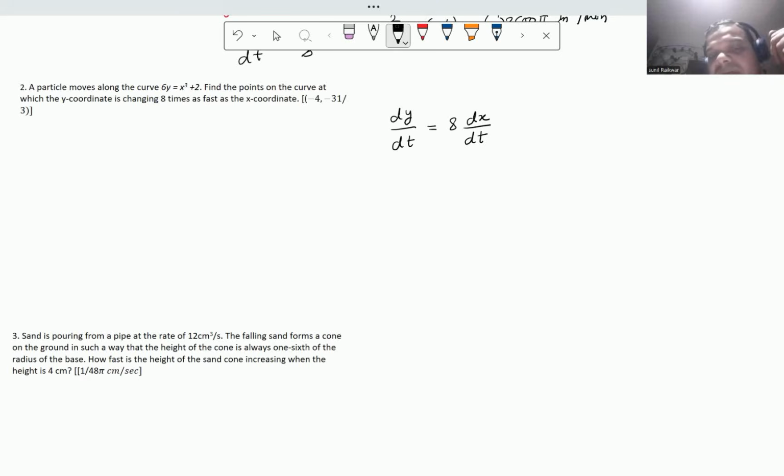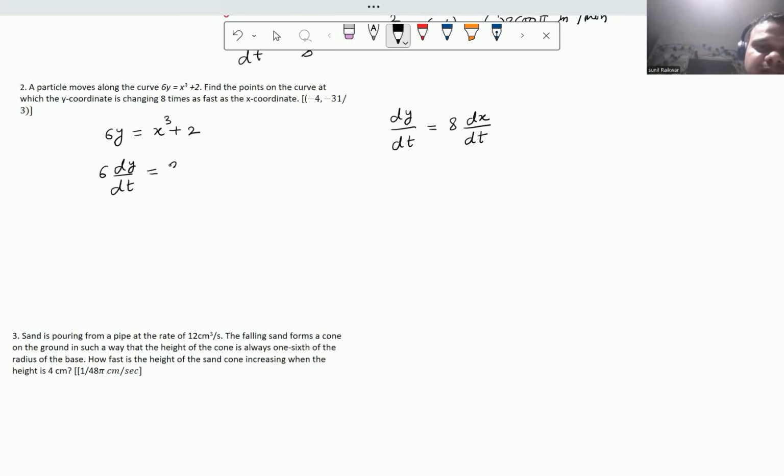So this relation you have, and we have to find the coordinates, meaning we have to find the values of x and y. So what is our first approach? Since we have the relation for dy over dt, it is better to find the same from this equation also, meaning differentiate this equation with respect to t. So 6y is equal to x raised to the power 3 plus 2. We get 6 dy over dt. Here we have x raised to the power 3, so again we have to use the chain rule because we are differentiating with respect to t.